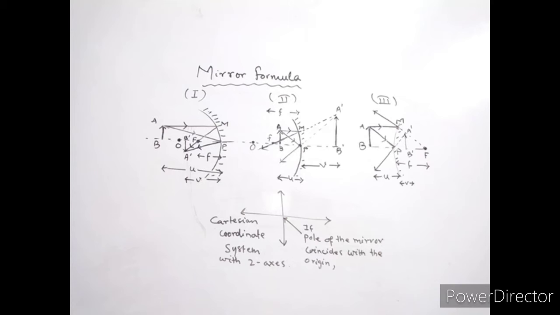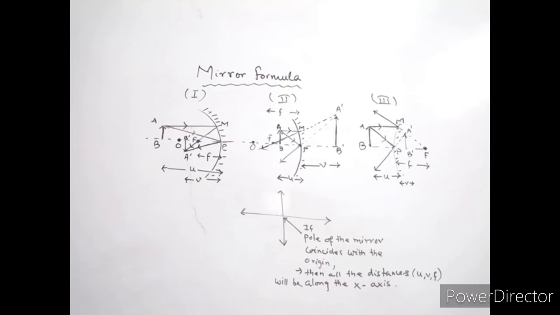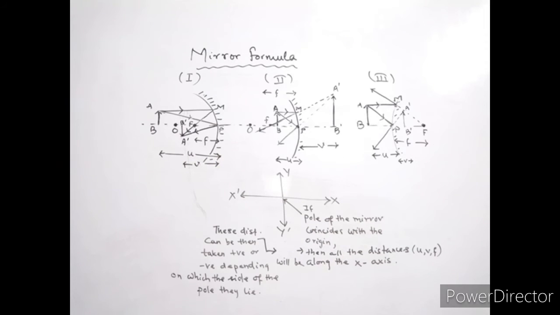If you consider the pole of the mirror to be coinciding with the origin of the Cartesian coordinate system, then all the distances, that is U, V and F, will be along the x-axis.